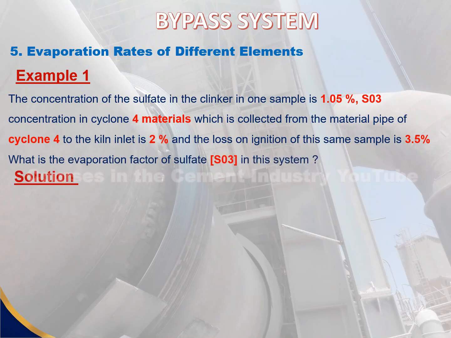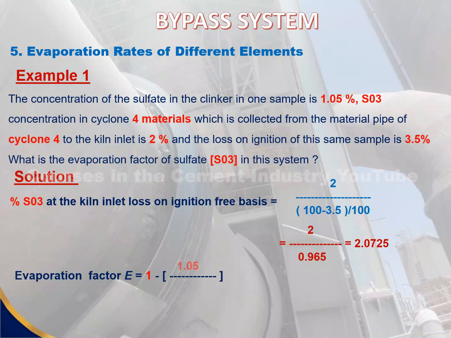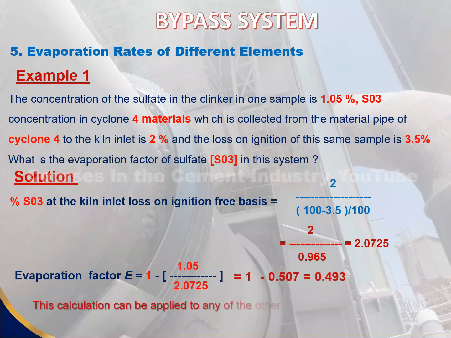Solution. Percent SO3 at the kiln inlet, loss on ignition free basis, equals. Evaporation factor, E equals. This calculation can be applied to any of the other volatile elements as potassium, sodium, or chlorine.